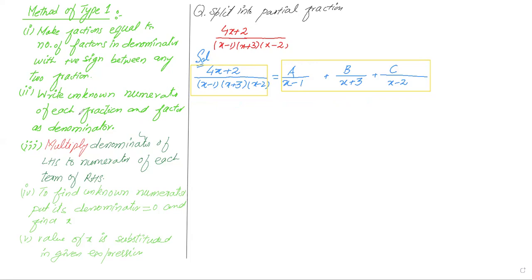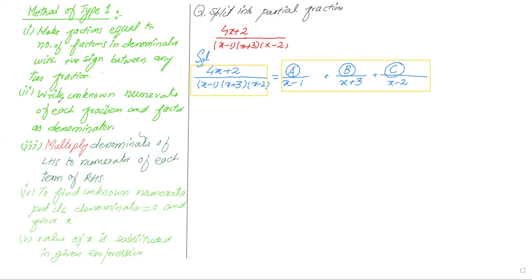Left-hand side having 3 factors in the denominator, whereas right-hand side we have the 3 fractions. Number of factors is equal to the number of fractions. Now the second step is write down the unknown numerator. So this was the first unknown numerator, that is called A, that is called B, and that is called C. So these are unknown numerators.